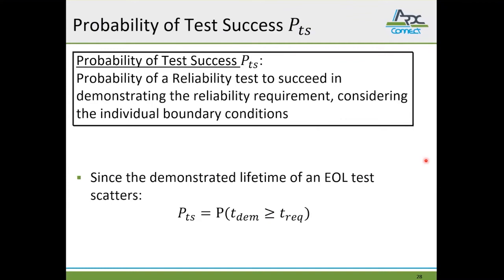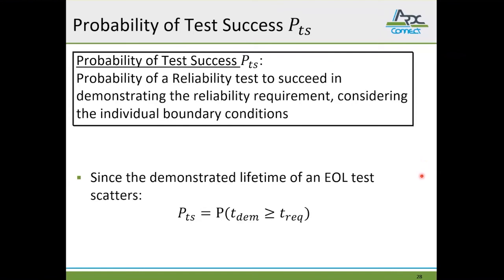It's the probability of our reliability tests to succeed in demonstrating the reliability requirement, considering individual boundary conditions. Of course, there are multiple boundary conditions, first and foremost being a time constraint and a budget constraint. For example, different sample sizes result in different costs of the test.